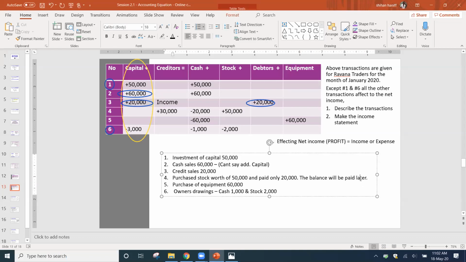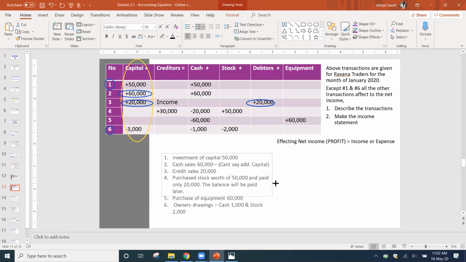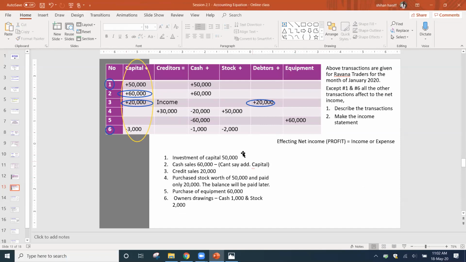Let's prepare an income statement using this. You have only two incomes, 60 plus 20.